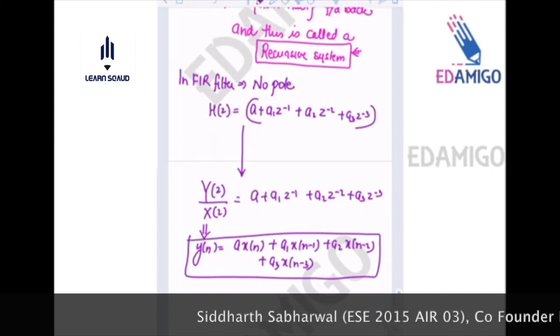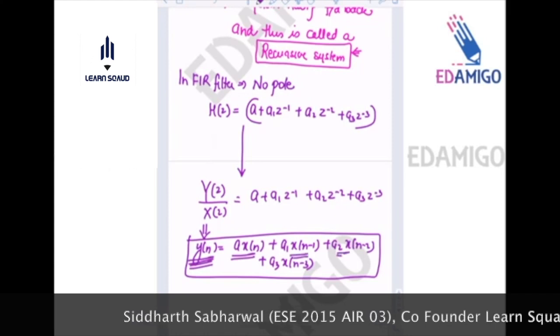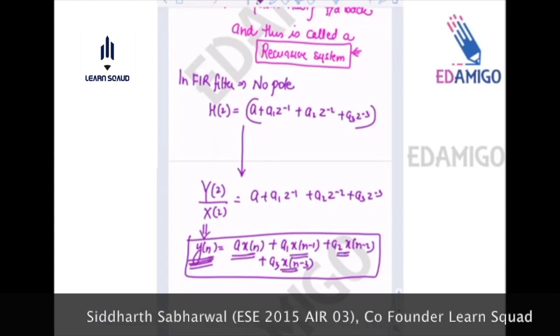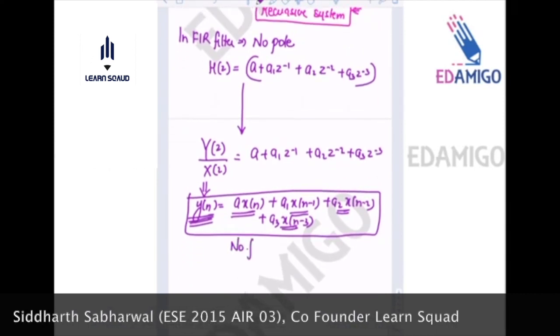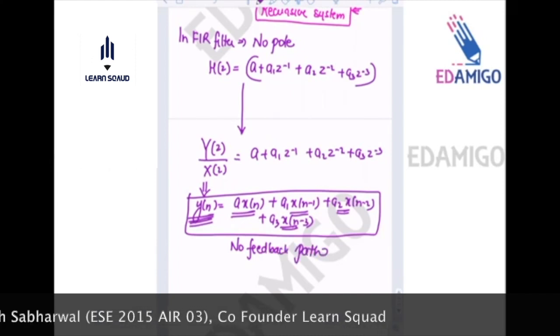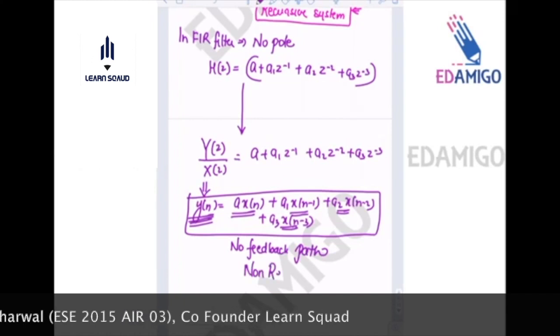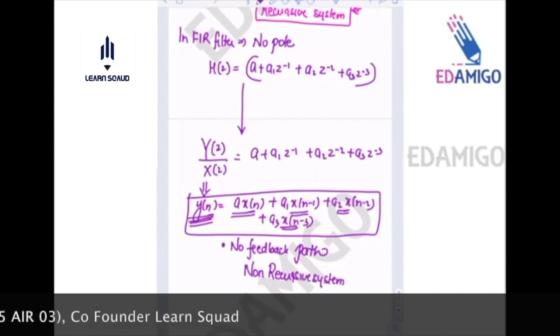So the present output depends only on the present input and past inputs, and in such a system there is no feedback path. Such systems are called non-recursive systems. So FIR filters are non-recursive systems. These are very important properties of FIR filters.